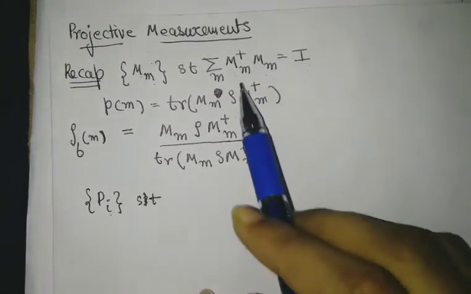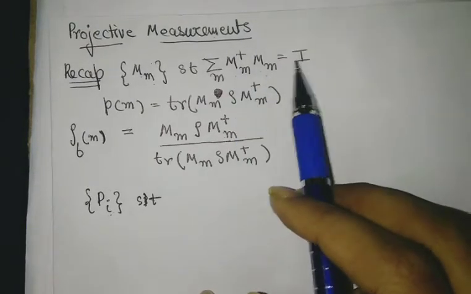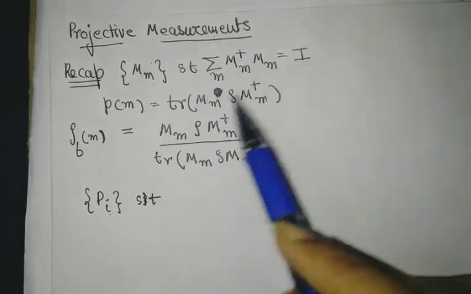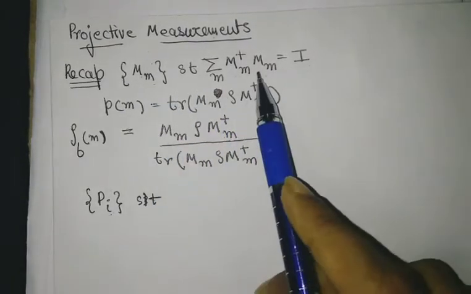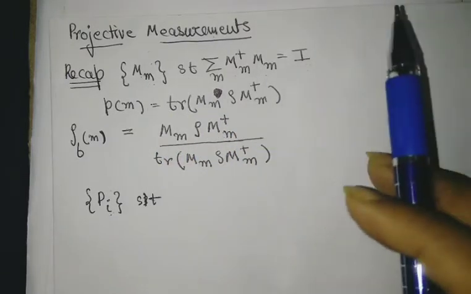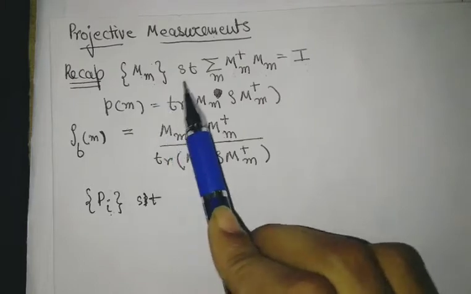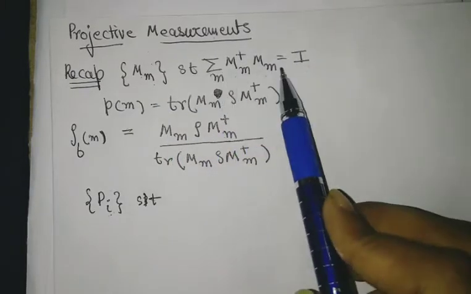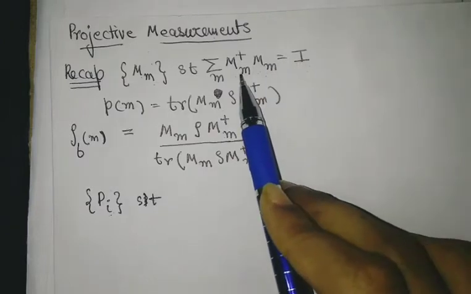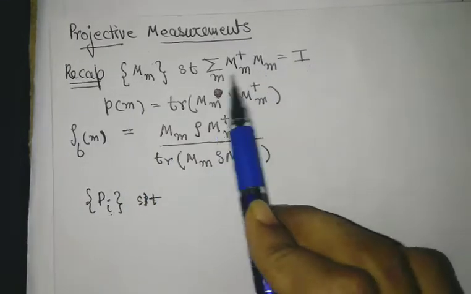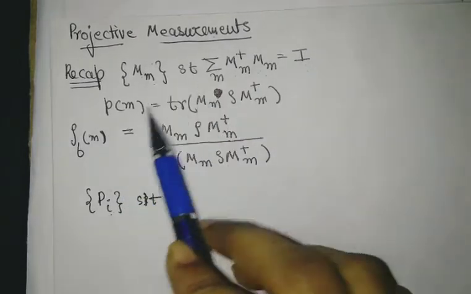If they follow this relation, then this entire set is a valid measurement set, because the probabilities should add up to 1. It's kind of a manifestation of probability conservation.